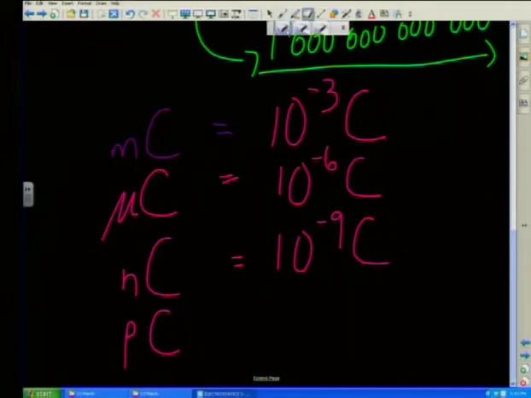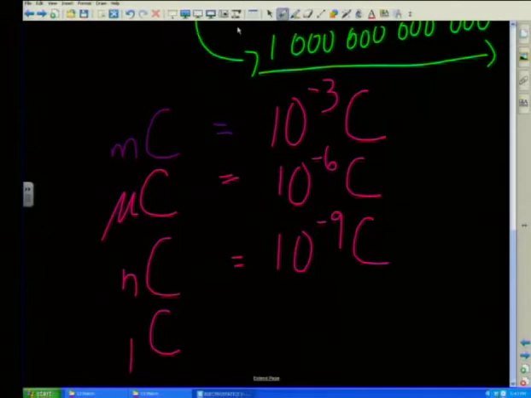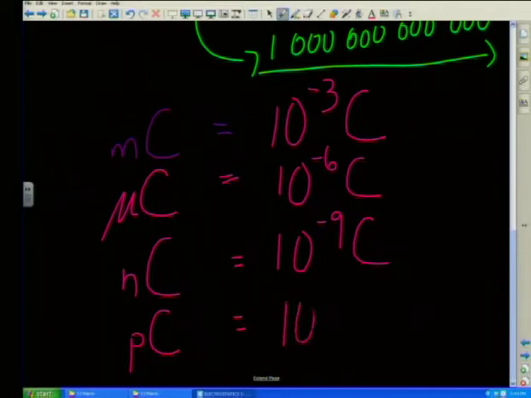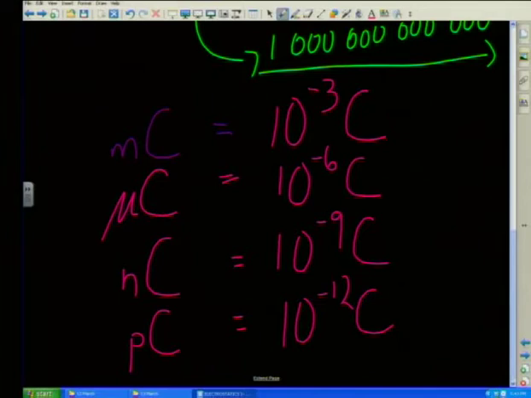That's given to us as 10 to the minus 12. So that's how we represent it: 10 to the minus 3, 10 to the minus 6, 10 to the minus 9, 10 to the minus 12 of a coulomb.